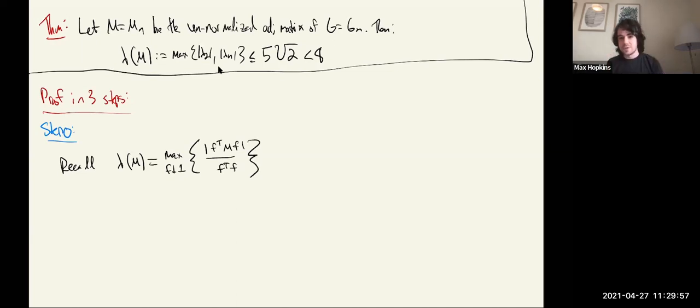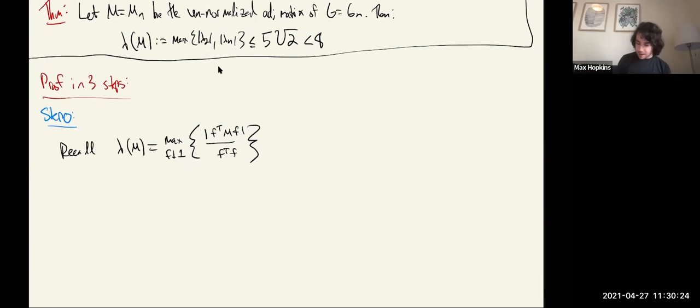This is proved exactly the same way as the lambda_2 characterization that we did earlier in the class, so I'm not going to go back through it. It's literally the same proof, just with an absolute value. So in other words, we want to bound the maximum absolute value of the Rayleigh quotient over functions f orthogonal to the all-1 vector. This should be a familiar technique at this point.